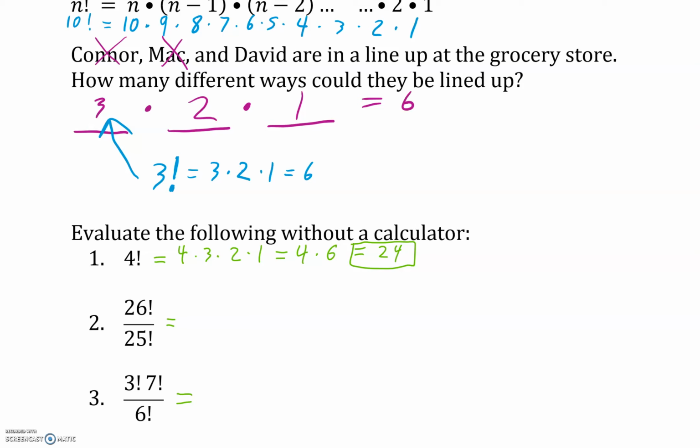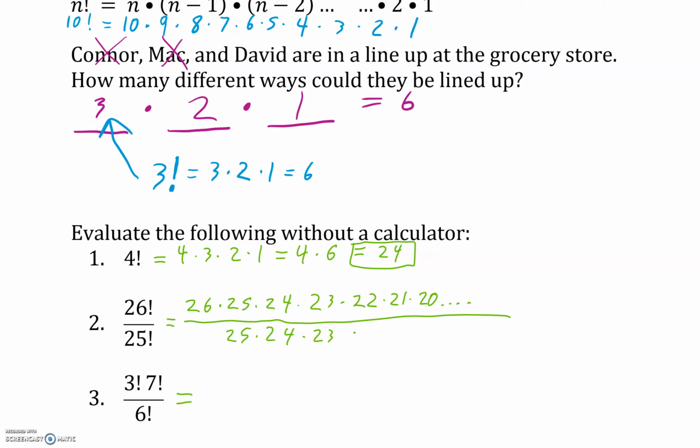Okay, this next one, I'm going to split it up this time, but you're going to notice something. I'm going to split it up part way. I don't want to split it up all the way. You guys can see how that would continue. And this is divided by 25 times 24 times 23 times 22 times 21 times 20, and you can see how that would continue.